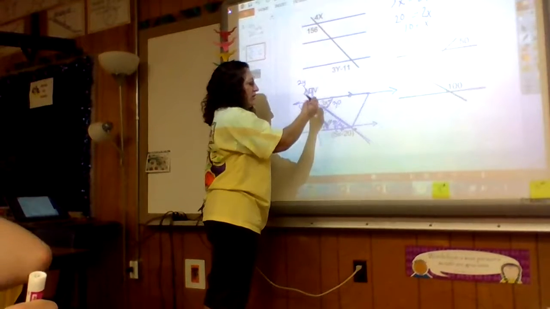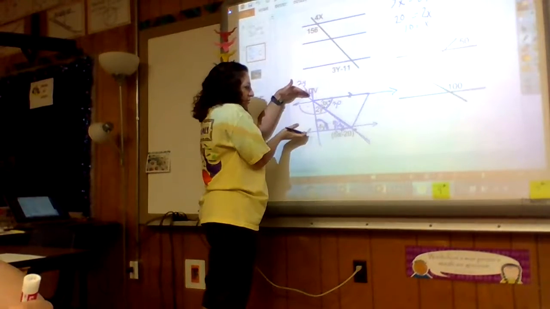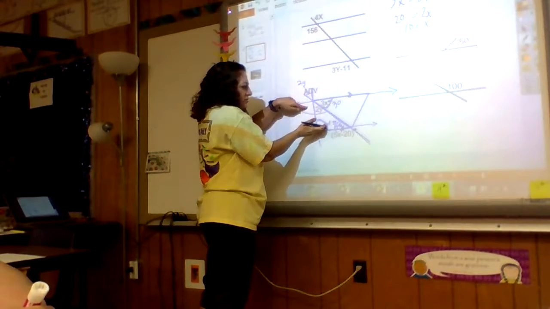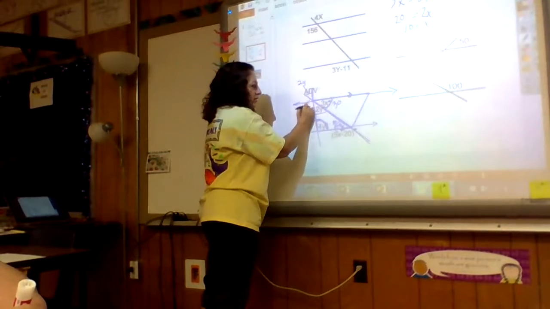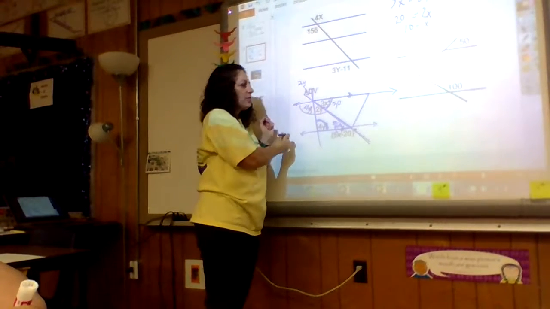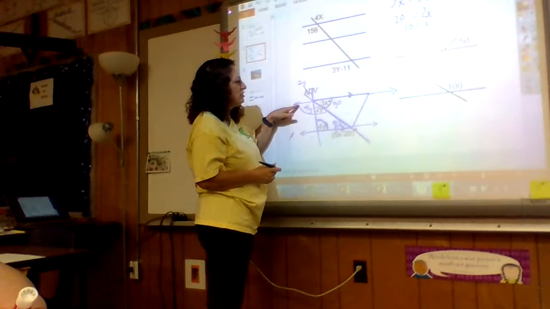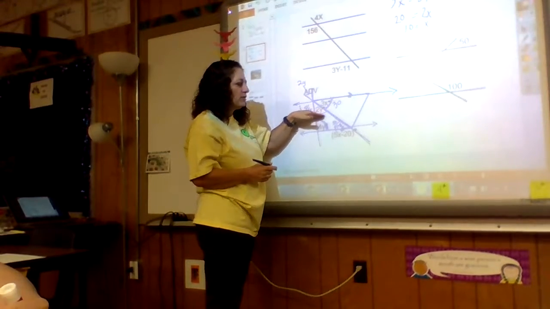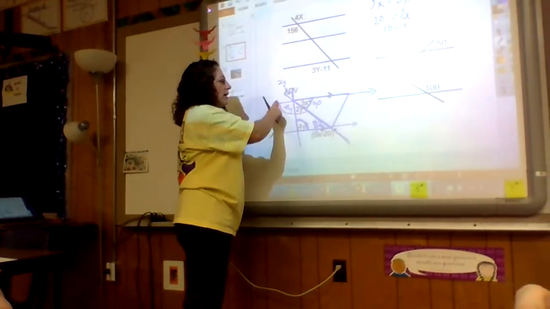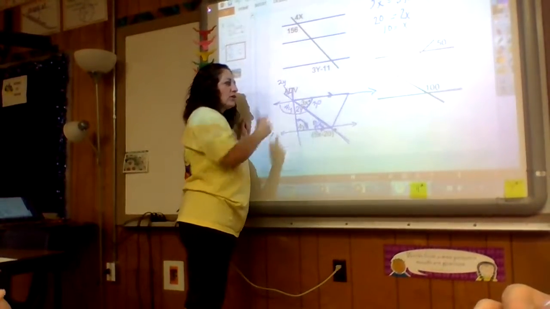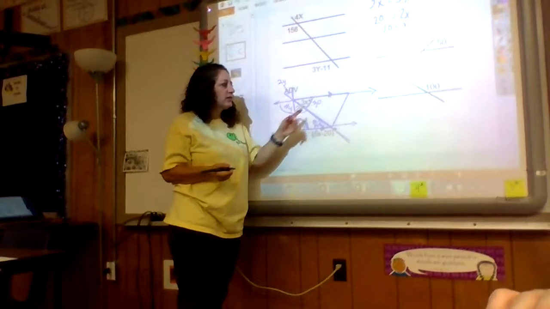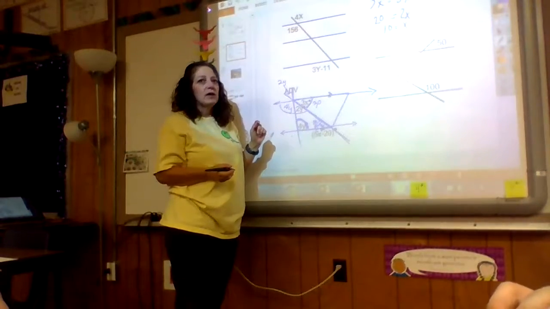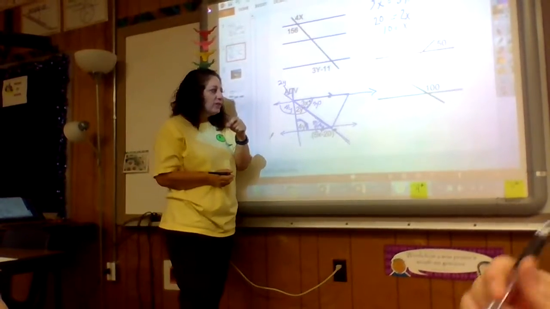This line with the parallel lines and this are alternate interior, so I know they are the same. Now you can know the 4y plus the 2y is going to equal the 150 you were talking about. Or I would even consider that putting all that together equals 180 because I have the 30 already. So yes, we can find our y that way.